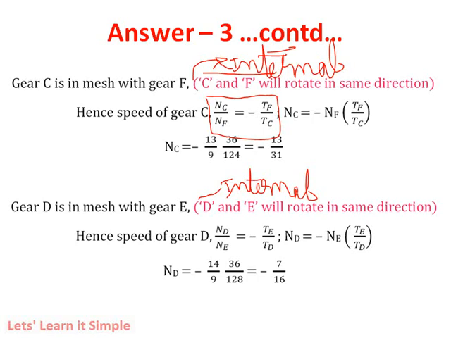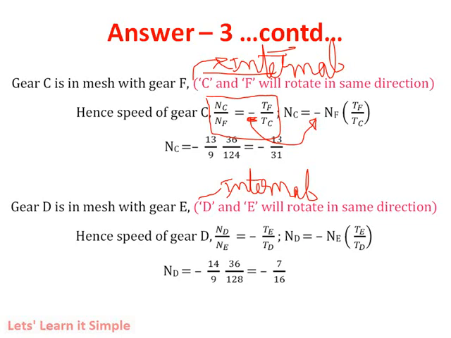Only for the external gear arrangement, the meshing pair will rotate in opposite directions. For an internal gear, the meshing pair will rotate in the same direction. Therefore, the same minus sign is retained here.